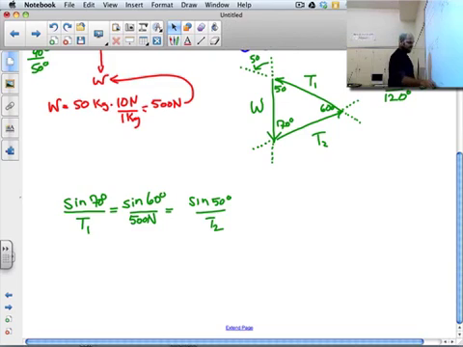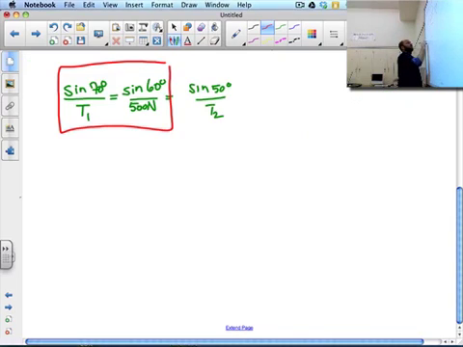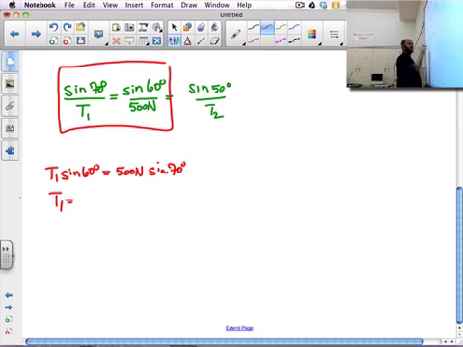So I'll take half of this and solve for T1 first. T1 sine 60 has to equal 500 newtons sine 70. So T1 has to equal 500 newtons scaled by sine 70 over sine 60.